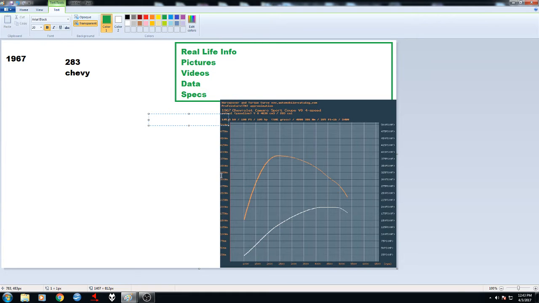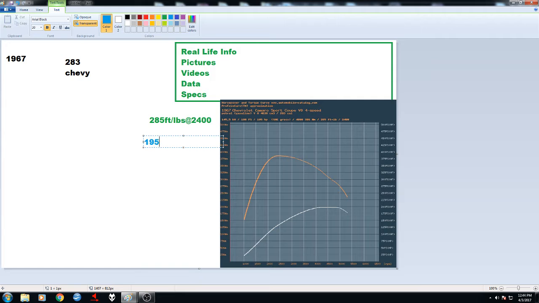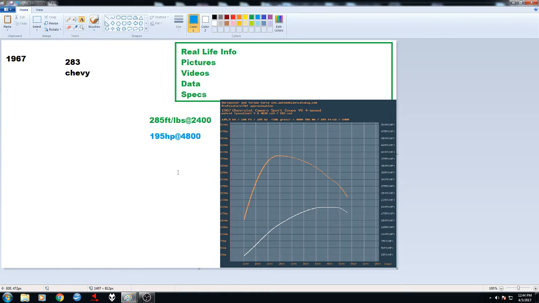For now, we have power statements of 285 foot-pounds of torque at 2400 RPM and a statement of 195 horsepower at 4800 RPM. I don't know if you could see that well or not, but it is right here, and you could also link the numbers on the graph.